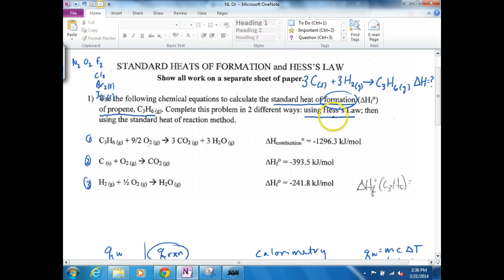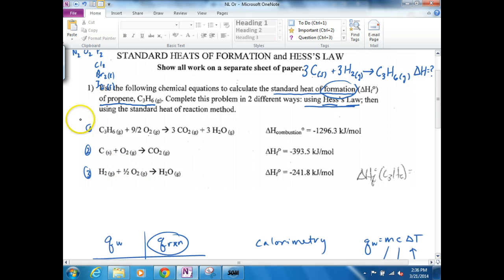Let's take this step by step and start by using Hess's law. That means I can use these 3 reactions to come up with this reaction here. So my net result has got to be 3 carbons plus 3 hydrogen molecules.